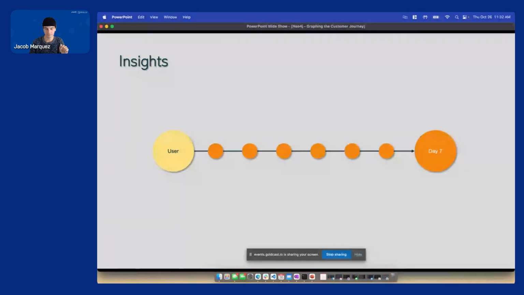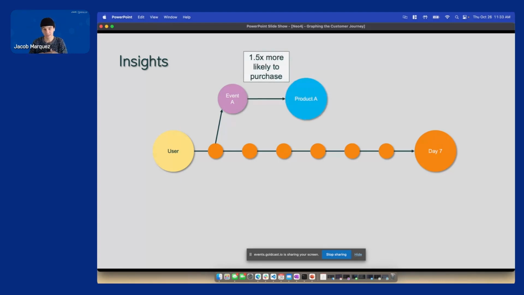I hope you like my animations. So if we look at each day, so we have 7 orange nodes, 7 day nodes. We found that on the first day, super important, if they do event A, and again, I'm being very generic here, but we did find a very real situation of this, they're 1.5 times more likely to purchase the product, right?